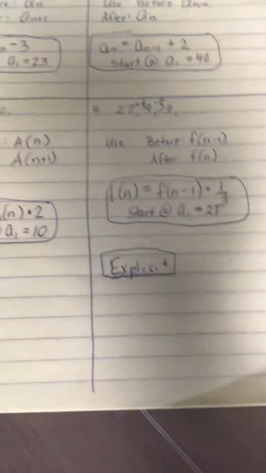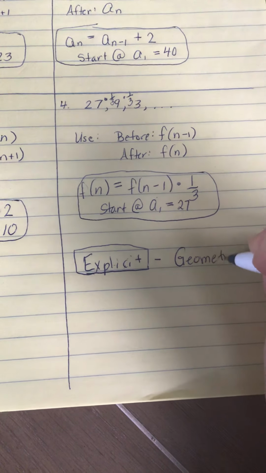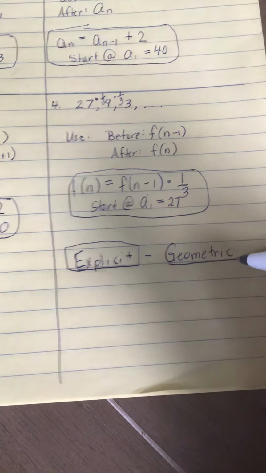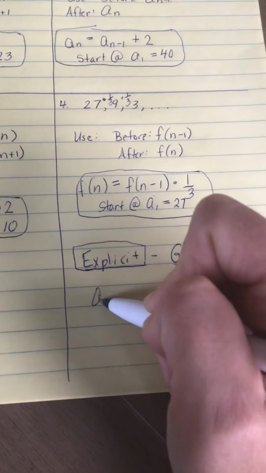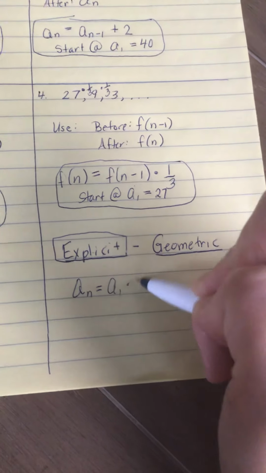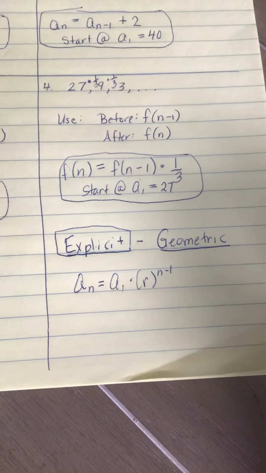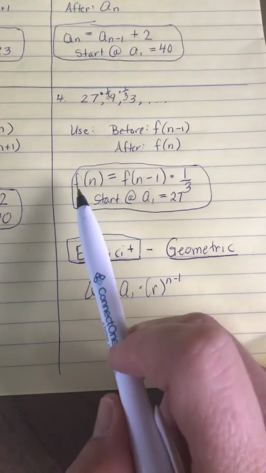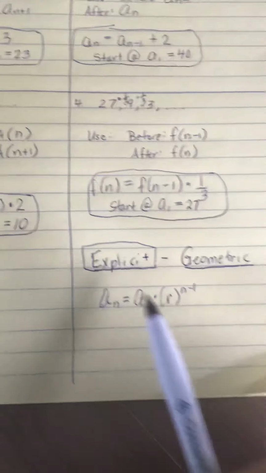So this is geometric, so let's make a little note for ourselves. All right, it's geometric, and let's talk about the formula. It would normally be a sub n equals a sub 1 times the common ratio to the n minus 1. But they're using f of n, so instead of a sub n, we're going to use f of n.